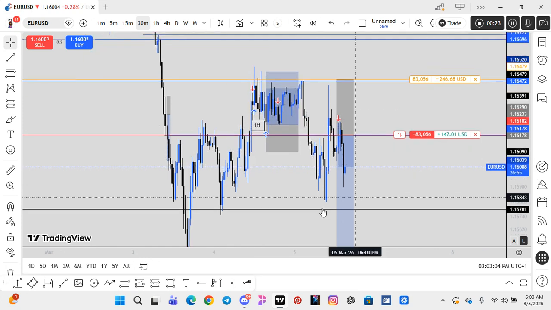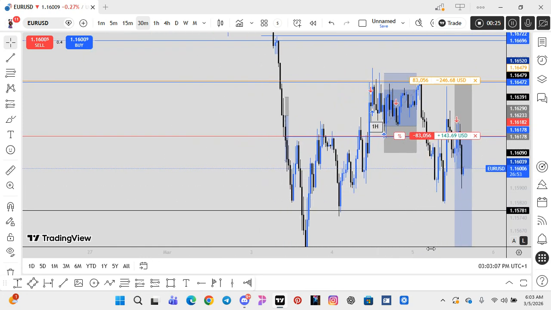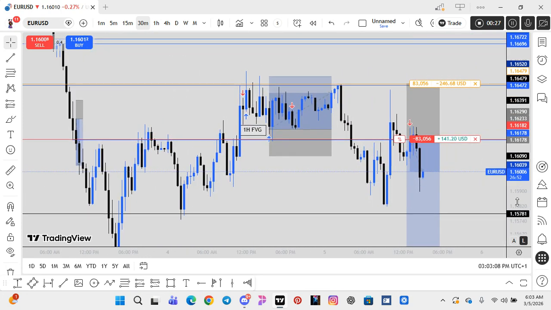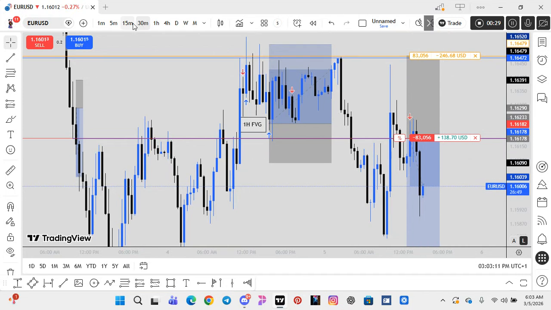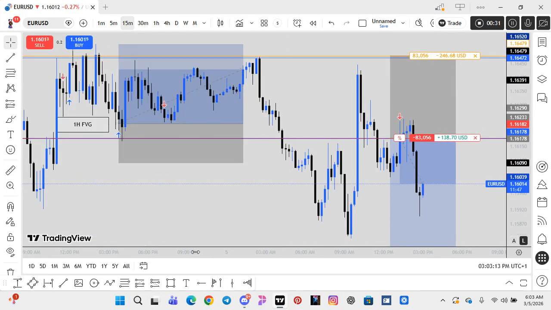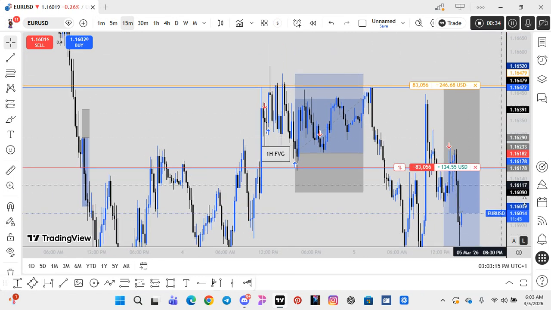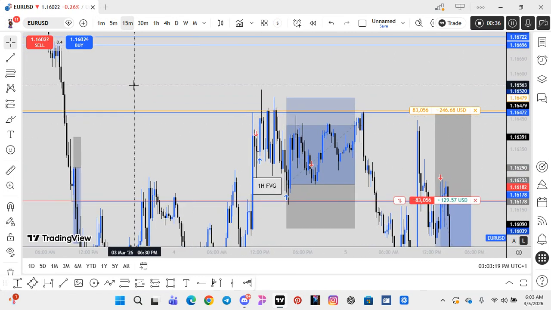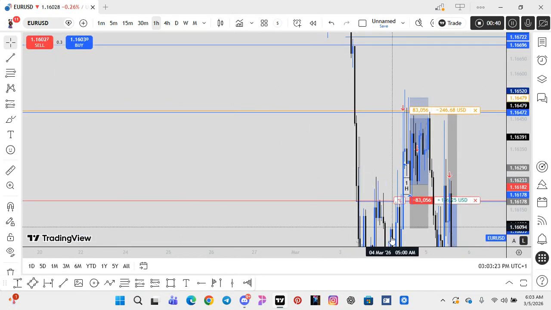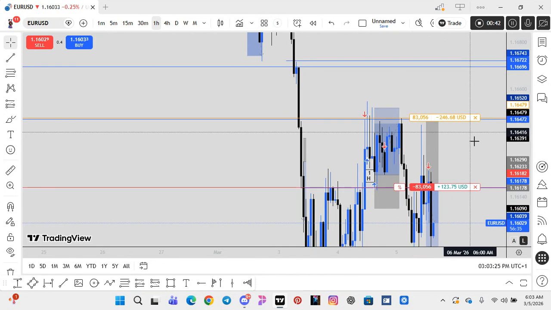My whole reasoning behind that move was on the 15 minute time frame. Look at the 15 minute time frame after we traded up to this level. On the 1 hour time frame, that is the highest point, mind you.